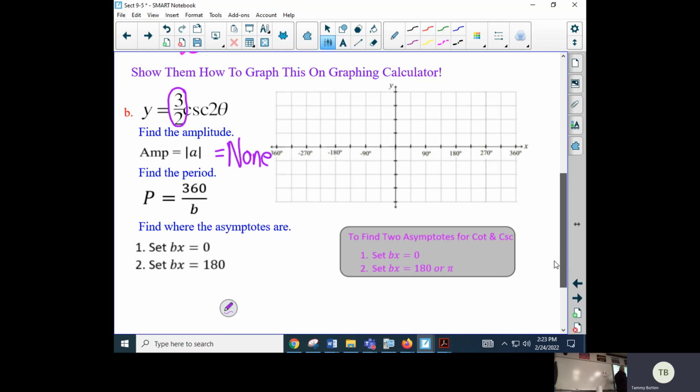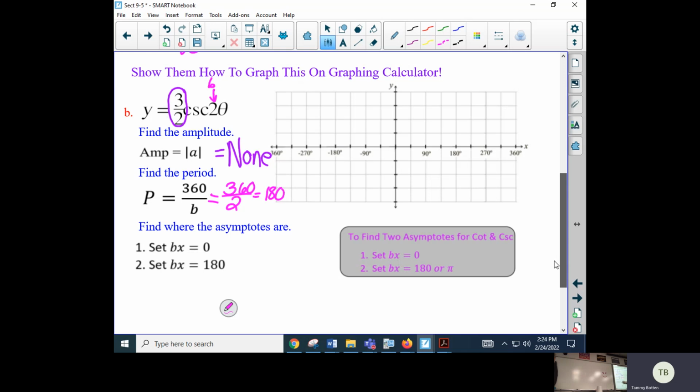Okay. And then here, do you get that your B is 2? So B is 2. So what we would do here is we'd go 360 divided by 2, which is 180. So we're going to draw sine first, and the whole sine graph is only going to be 180 degrees.